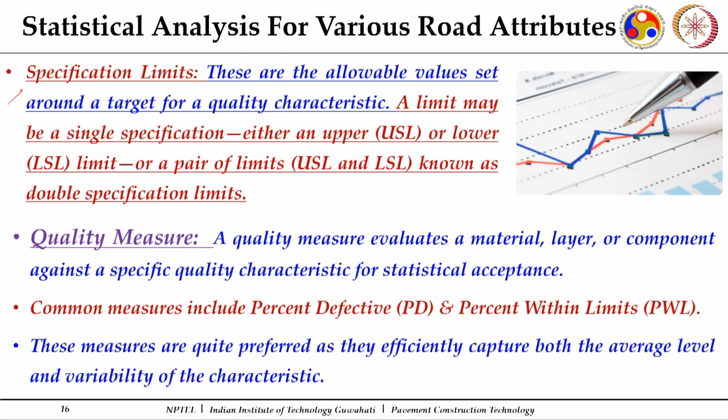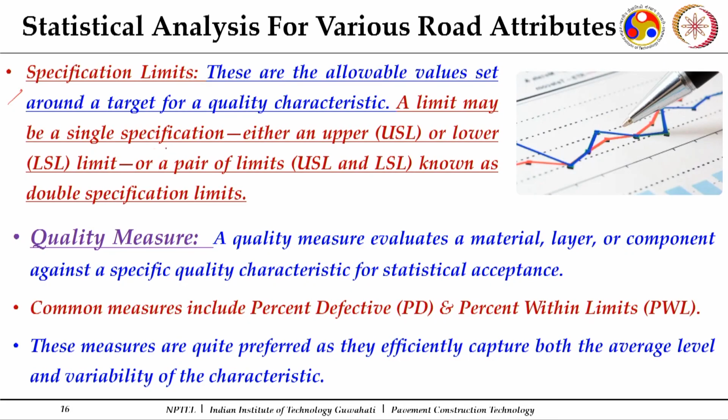A limit may be a single specification, either as a lower limit or as an upper limit. For an upper limit, if I pick up a particular sieve, the material has a certain percentage passing, or it may be a characteristic in terms of shape. If I mention that the aggregate should have a combined flakiness and elongation index value of 35%, it should not go beyond 35%.